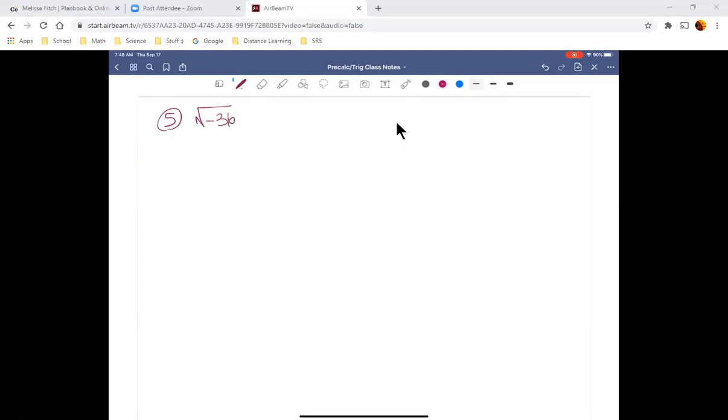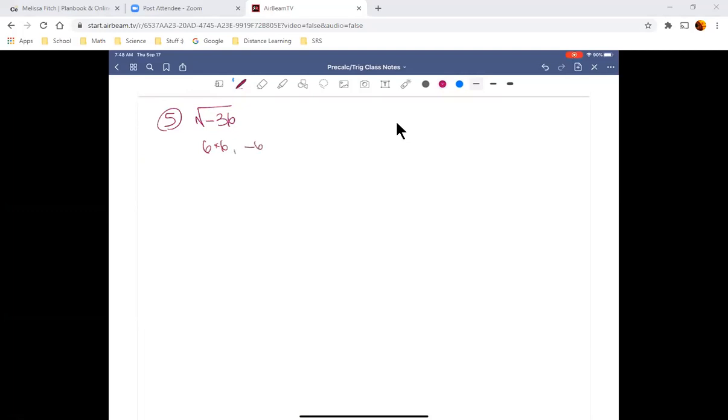Okay. So when we're taking square roots, we're doing the reverse of squaring something, right? So we're looking for a number times the same number that's going to give us 36. So what could we square that's going to give us negative 36? Because if we did 6 and 6, that's going to give us a positive 36, right?